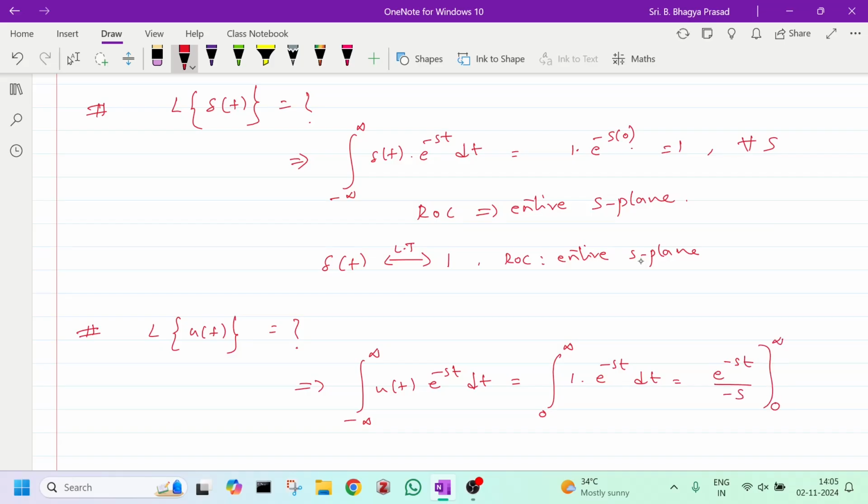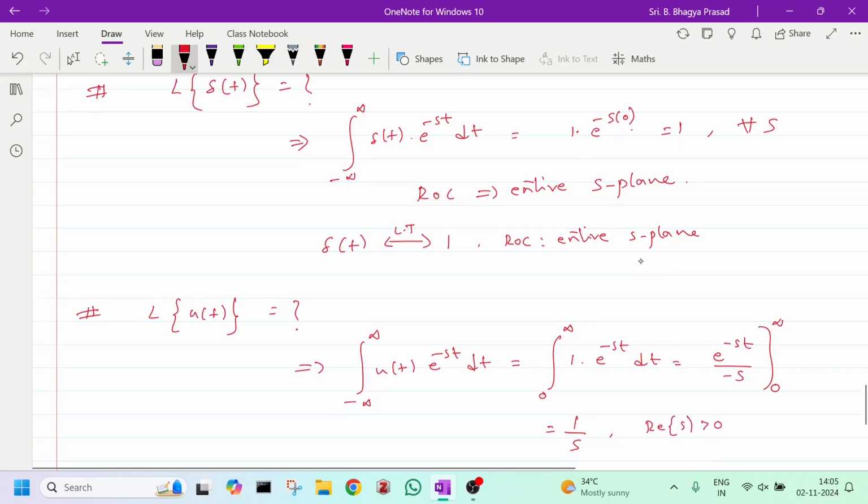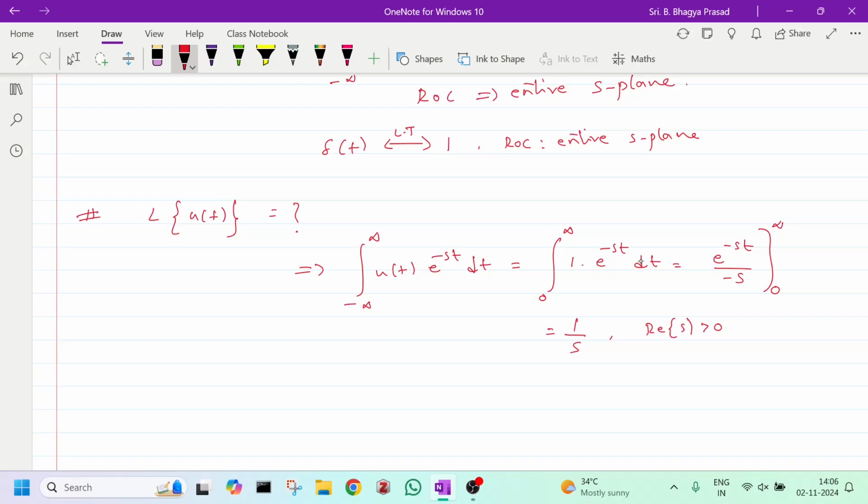Substituting the limits, you will get the answer as 1 by s. Here the ROC is the real part of s greater than 0. So this exists for real part of s greater than 0, then only the integration will converge. So this is sigma greater than 0. So the Laplace transform of u of t is 1 by s, sigma greater than 0.